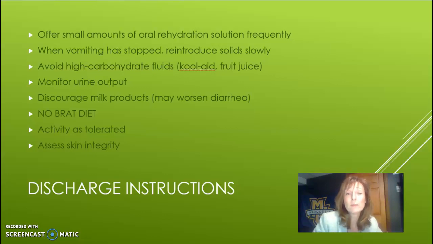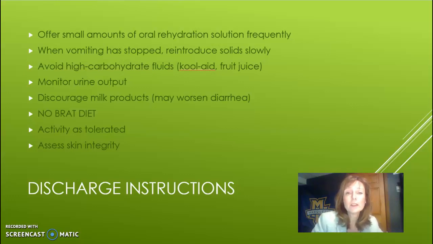We want to give parents that anticipatory information in case the vomiting starts again. We want to tell them to avoid high carbohydrate fluids like Kool-Aid and juice. We want to tell them to monitor the child's urine output carefully. They don't have to measure it usually, but how many times per day the child is urinating is sufficient. We do want to discourage milk products because that may worsen the diarrhea.